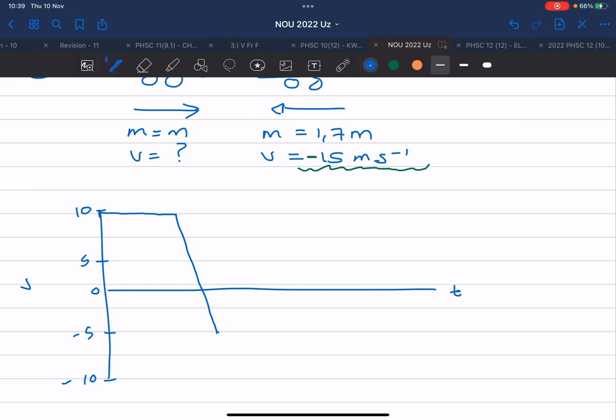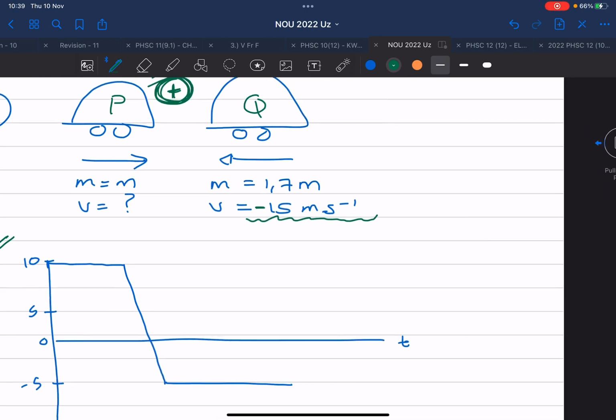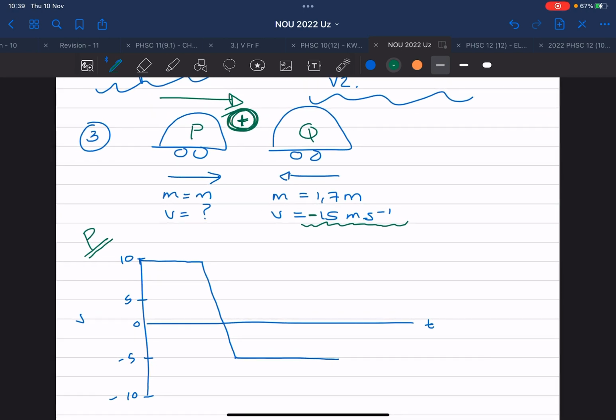Okay. Goed. Nou, what they tell you there at the top. They say this graph is not for both. Dis nie vir albei nie. Hierdie grafiek is net vir die snelheid van motor P. So this graph is only on car P, not on both.